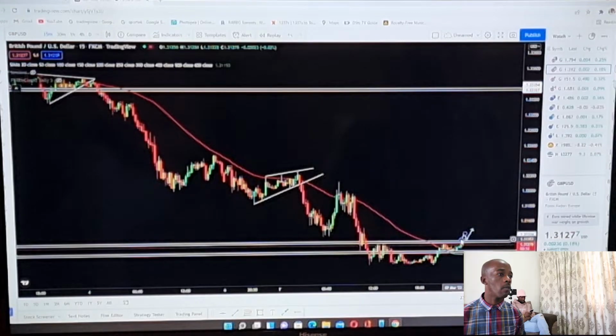So I wait for this candlestick to break the support level. As soon as it closes up, the second candlestick will come to retest, whether here or this level. So I will wait for it to retest this level, then I will take a buy. Let me put a text.